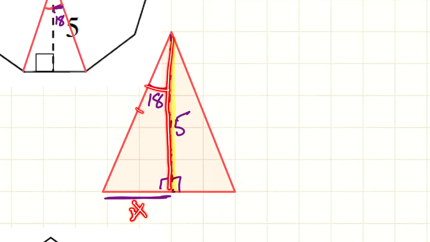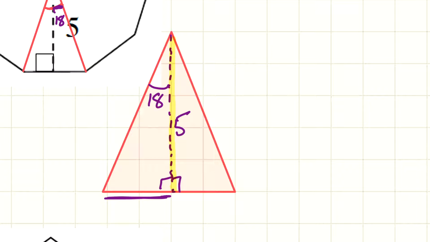If this is 18 and we're looking for this missing piece over here, which is the opposite, and we already have 5, which is the adjacent, which trig ratio are we using? If you said tangent, then you'd be correct.